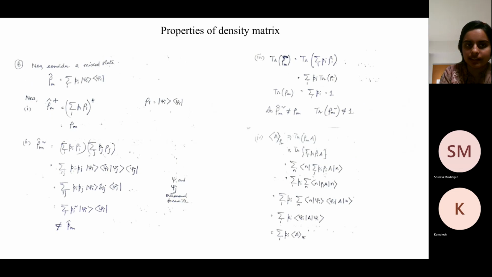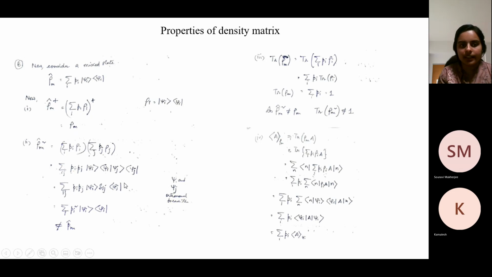Now, if you have a mixed state, you can have different microstates with some probability p i. Here again you can see that the conjugate is equal to rho. So this property is the same for both mixed and pure states. But now if you do rho m square, where m signifies that it's for the mixed state, you see that rho m square is not equal to rho m.